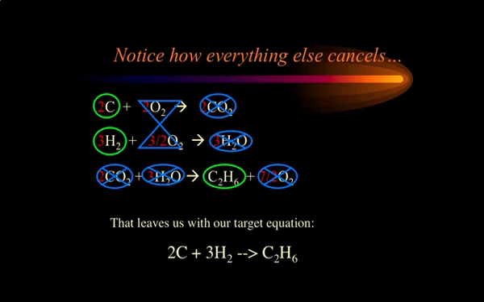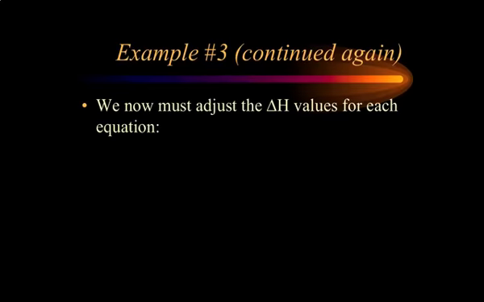But I have not done yet what I actually need to do. I haven't figured out what I actually need to figure out yet, which is my delta H. So I'm going to look back at what I did to each of these equations and look at my delta H values and do the same thing to them. So my first equation, I multiplied by 2.